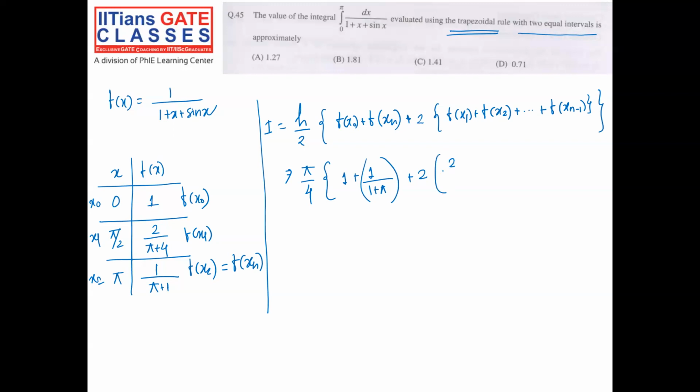So it is 2 divided by pi plus 4. If you calculate this value using a calculator, you will end up with 1.414. Looking into the options, we can clearly say that option C is correct in this case. It was pretty straightforward.